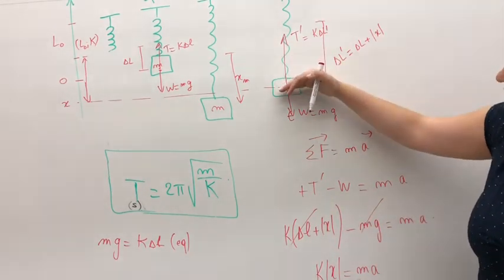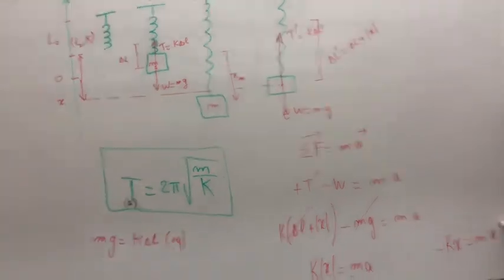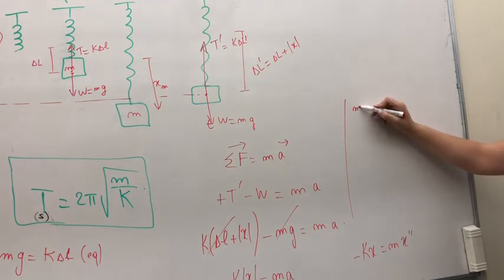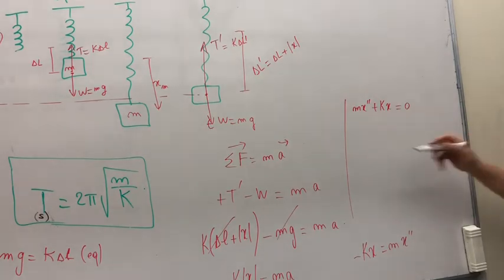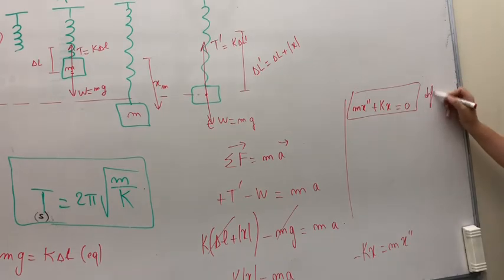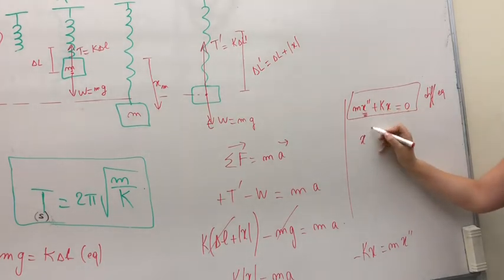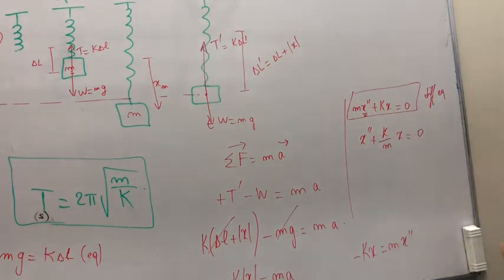In this part we took x as negative, so minus kx equals ma. Acceleration, you all know, is the second derivative of the position. We take everything to one side and it becomes m x second plus kx equals 0. In math it is called a differential equation: when I have a variable and its derivative in the same equation, it is called a differential equation. We always take the highest derivative with nothing in front of it, so we divide everything by m, and 0 over m is 0.